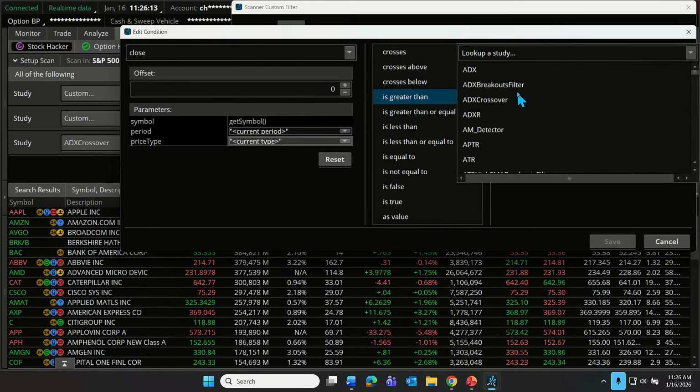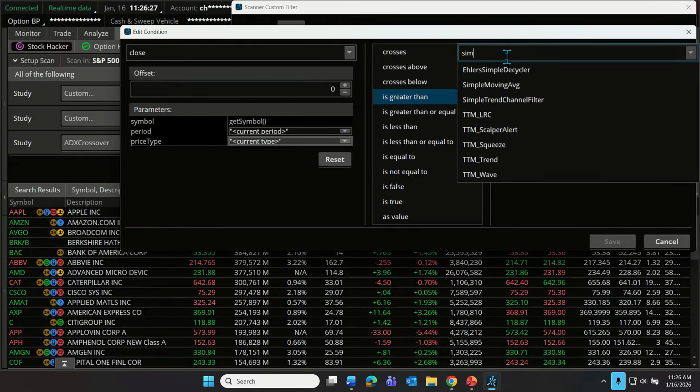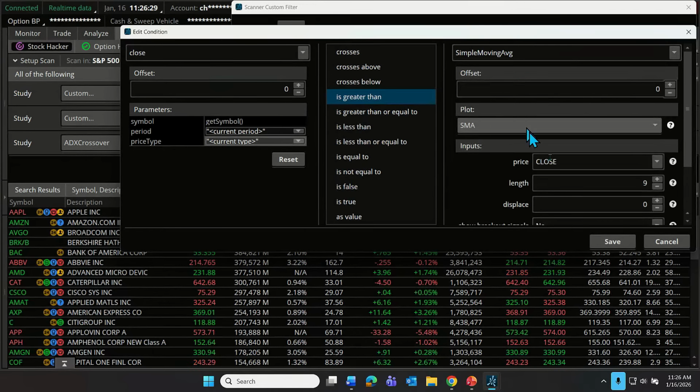And in this case, let's say above all three of our moving averages. We've already required that the 100 be above the 200 and that the 50 be above the 100. So if price is above the 50, we have price above all three. So let's just put in a simple moving average requirement that price is greater than the 50 SMA.